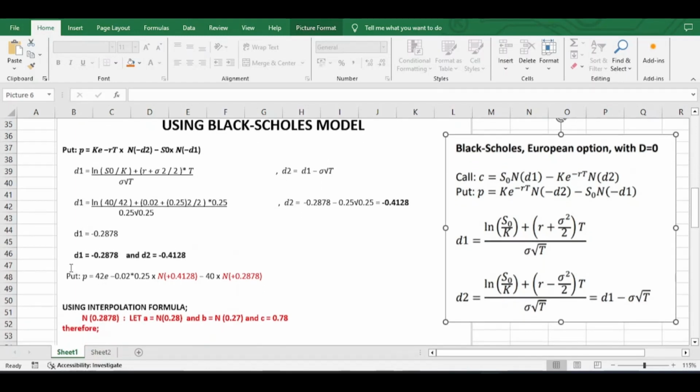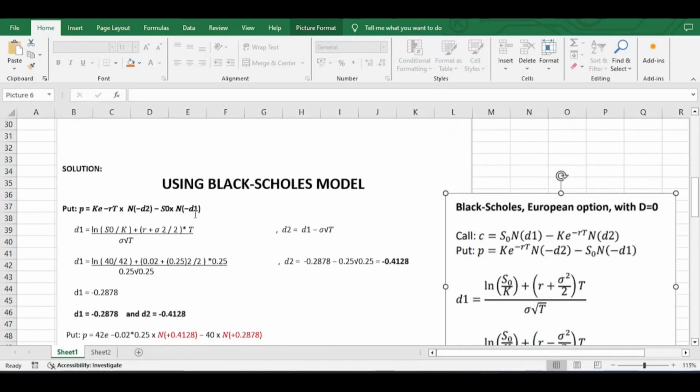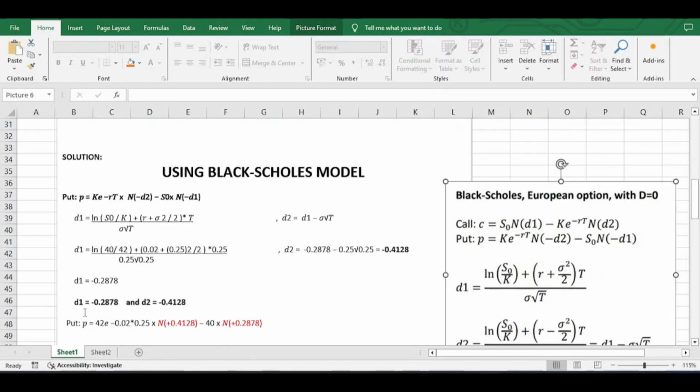Once we get the values of D1 and D2, we plug these values back into the formula of the put option. As we can see from the formula, there's a minus sign with D2 and D1. So the negative values and the minus in the formula will make the values positive.